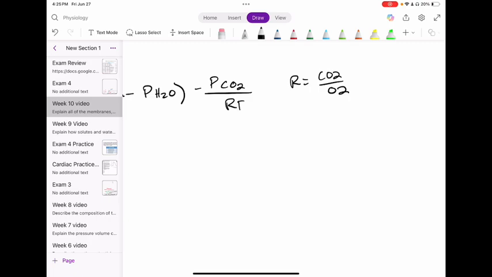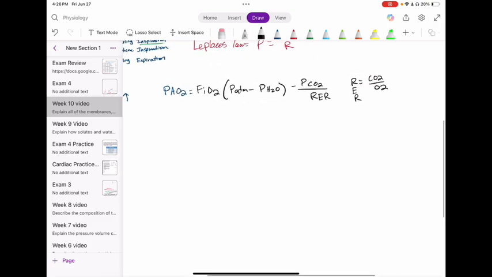And this is the RER ratio. And so we can use this to calculate the proper level of oxygen which is necessary. So typically atmospheric pressure is 760. We have a negative 50 of partial pressure of water.